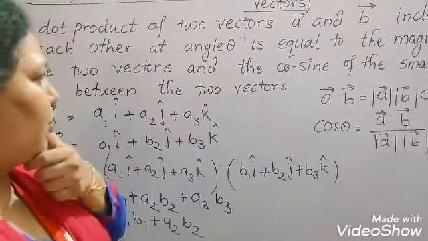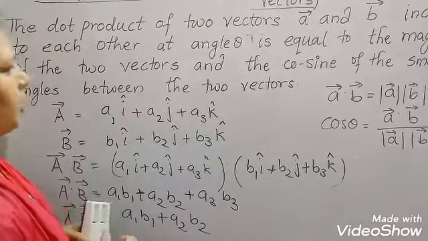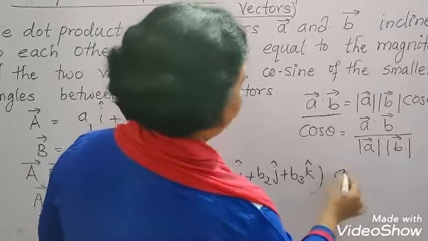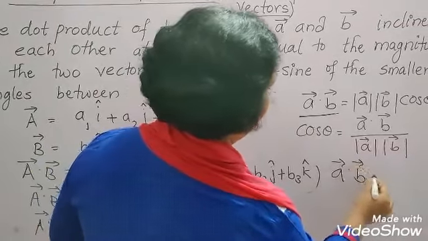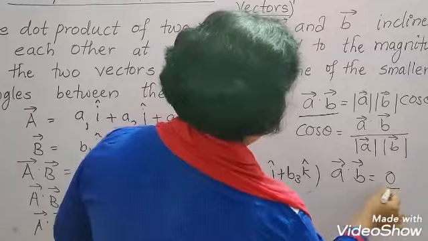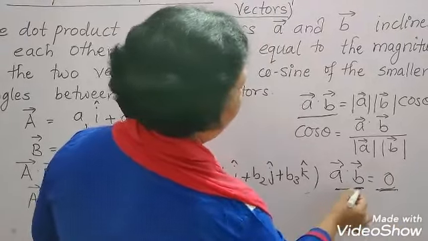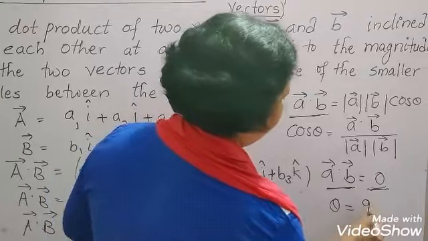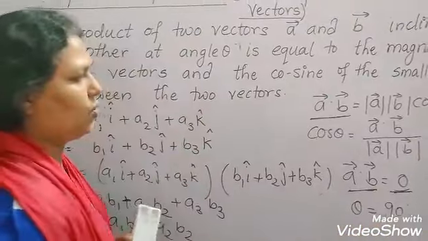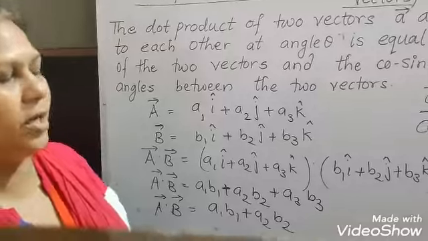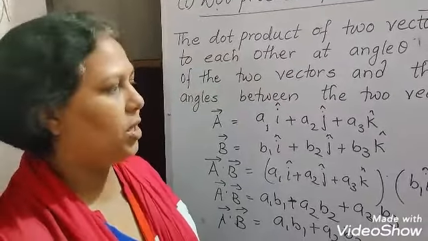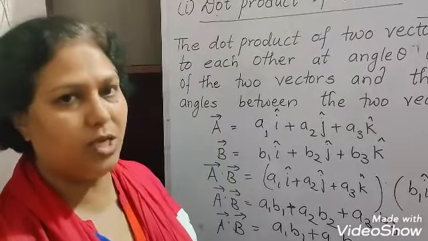And one more thing, if the dot product of any vectors, if A dot B is 0, that means what? The angle between these vectors is 90 degrees. Okay. So whenever the dot product of any two vectors comes to 0, they will be perpendicular to each other.